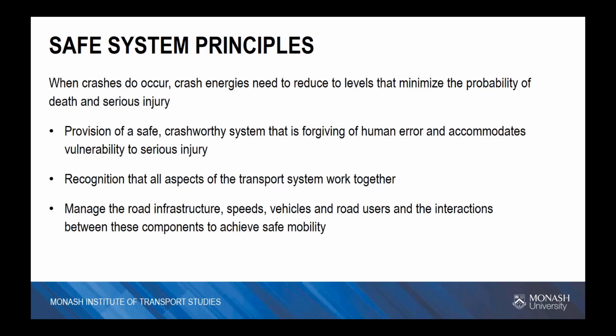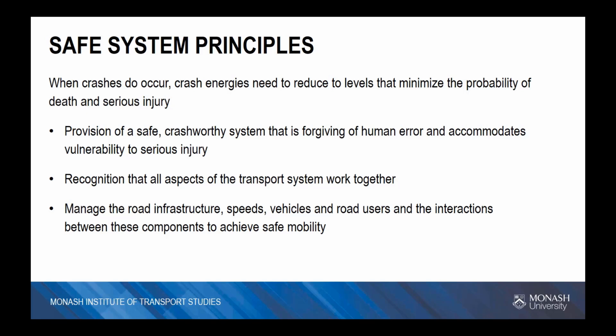One of the most important principles of the Safe System is that when a road traffic crash does occur, the energies involved in that crash need to reduce to levels that minimize the probability of death and serious injury. So we need to make sure we're providing a safe, crash-worthy system that is forgiving of human error and accommodates the vulnerabilities to serious injury.